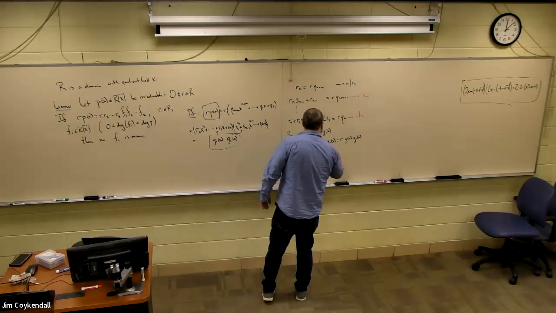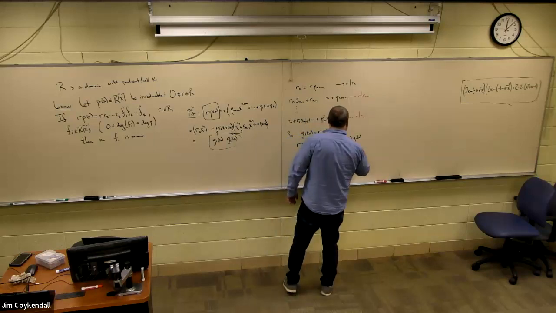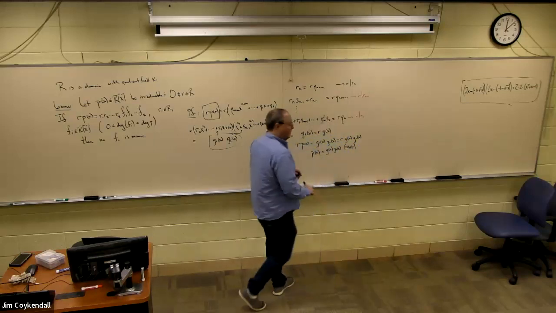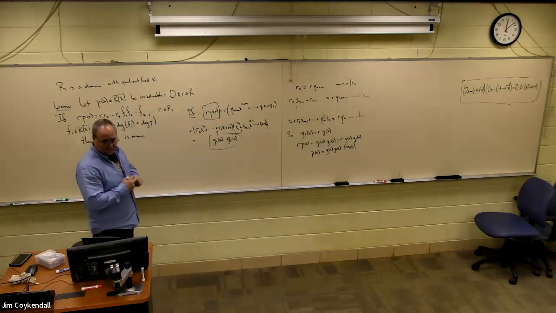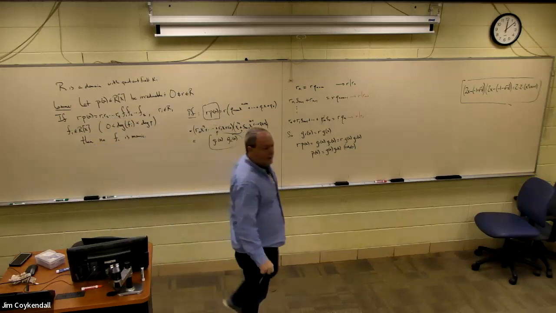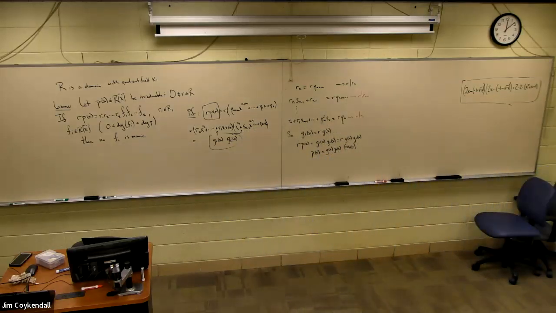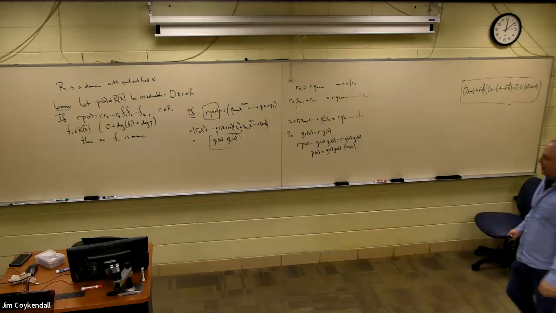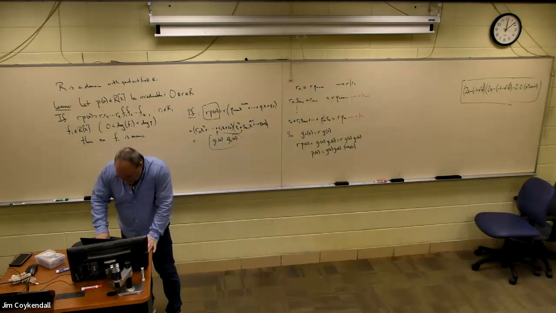P(x) is G(x) g2(x), and this is a contradiction. Because P(x) was the same thing. So the moral of the story is, if you hit a polynomial with a constant and you make it break down into smaller degree factors, none of those smaller degree factors can be monic. This small observation is going to help us.